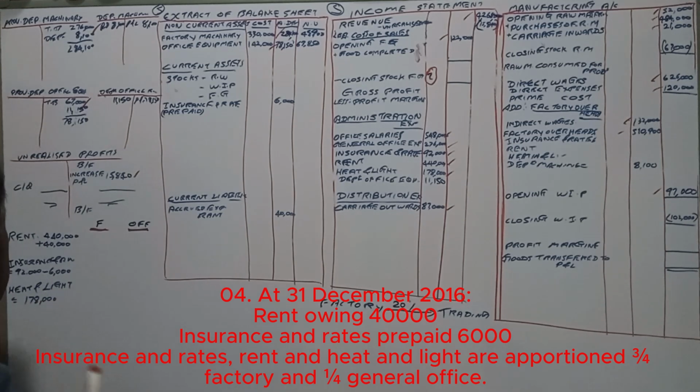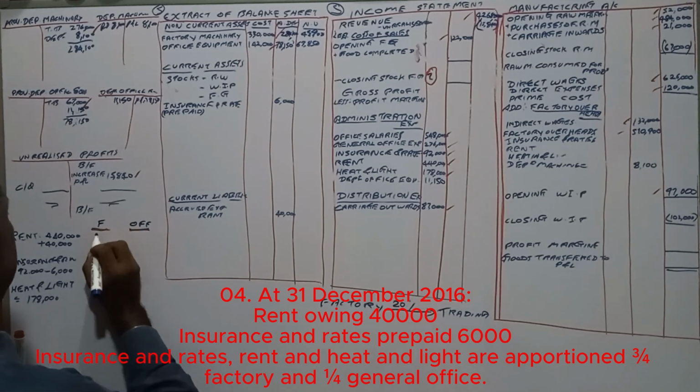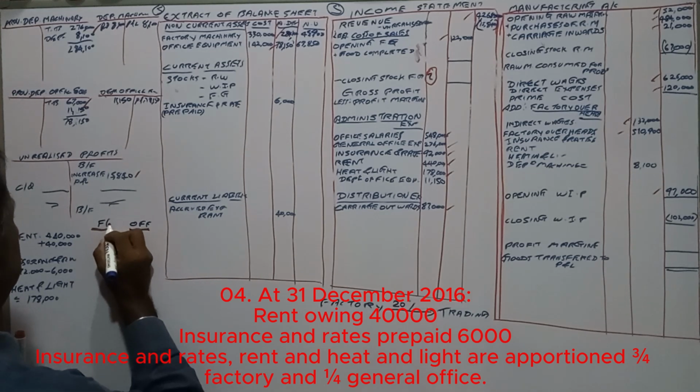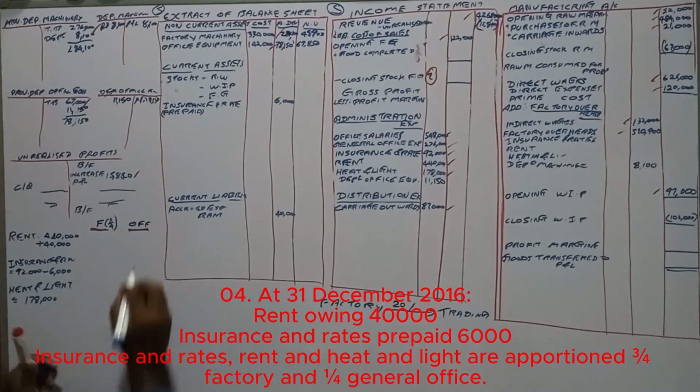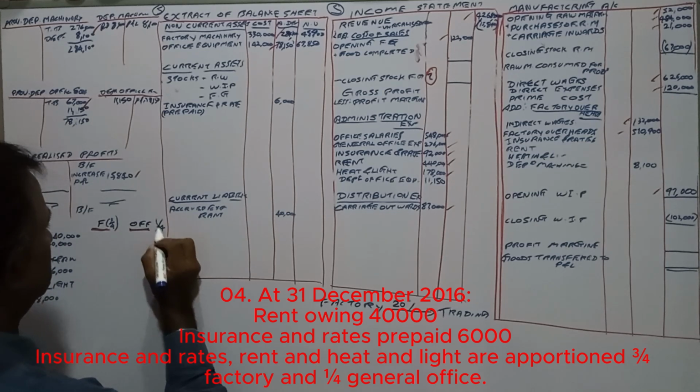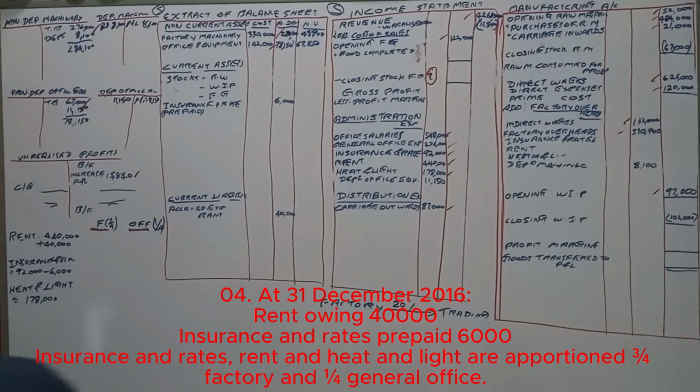Now they say factory 3/4, and that means 1/4 is the office. So insurance and rates, rent and heating, lighting are apportioned 3/4 for factory and 1/4 for general office.